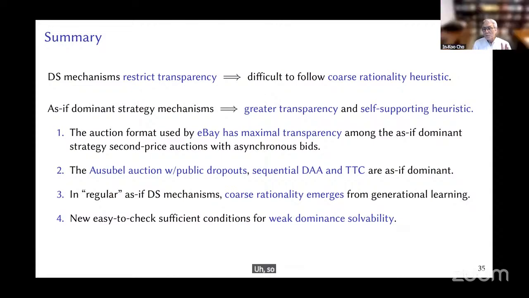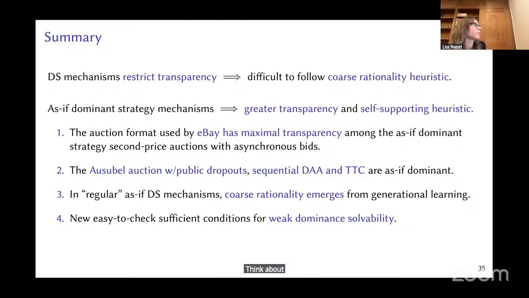So all the examples you present have a feature that the underlying game is dominant solvable or sequentially dominant solvable. Do you have any example that is not dominant solvable? I think this idea can be applied to, let's say, a game with risk dominance.